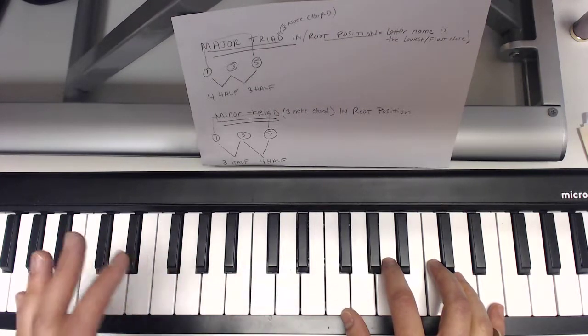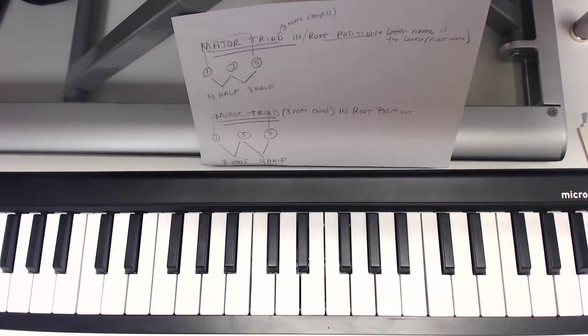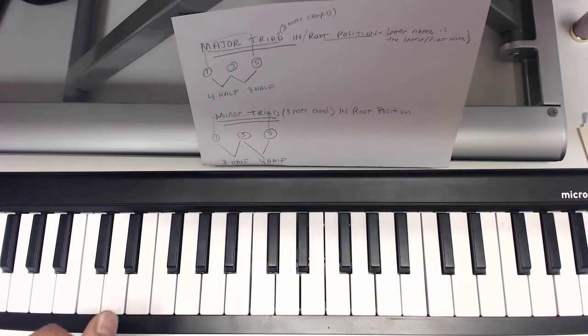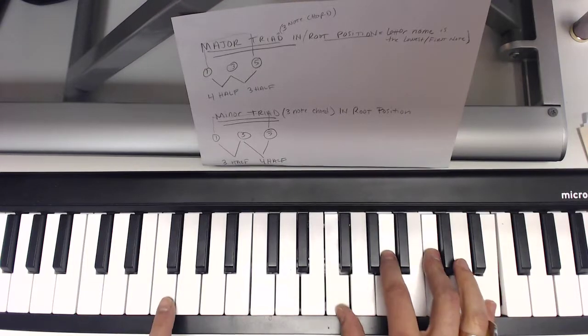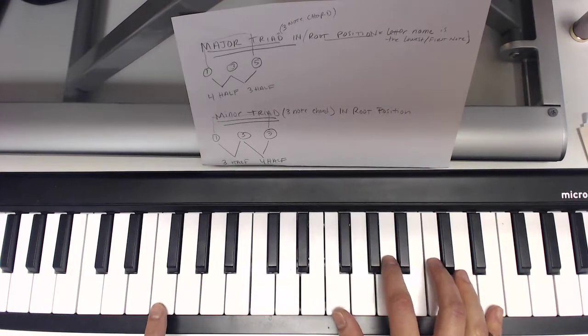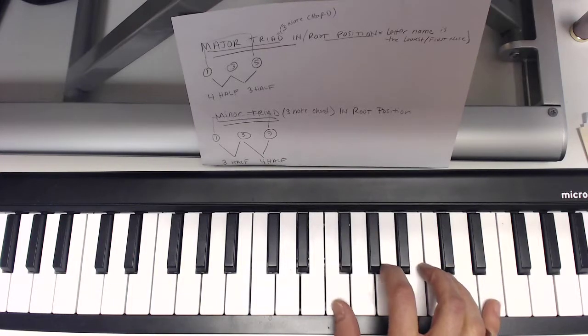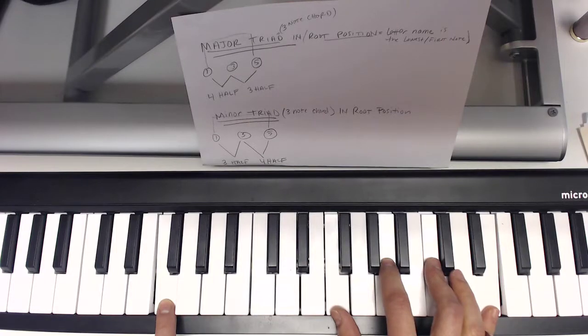If you want to beef things up even more, now what we're going to do is we're going to add the root note of every chord into the bass. So that means lower. Lower than wherever you're playing your chord. I'm just going to play in the octave below. So I'm playing F major 7. The root note is F. So I will find an F below. And I'll add that in to bulk it up.